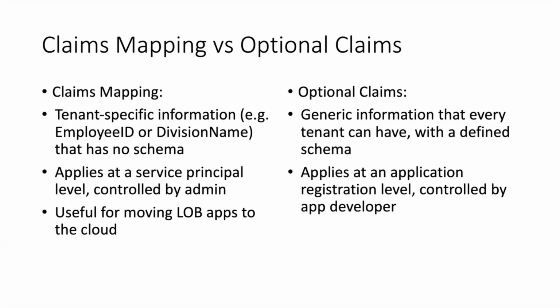I'm talking about something called optional claims, and when I show you in the user interface, it'll become very clear. Another thing we're working on is claims transformation. That's generally used for SAML applications where you're moving LOB apps to the cloud, and you want certain information to appear somewhere. That's what we do over there. But when we talk about optional claims, it's a little more flexible. It is based on a defined schema and works on every application. It's more for OpenID Connect, and that's what I'm talking about today.